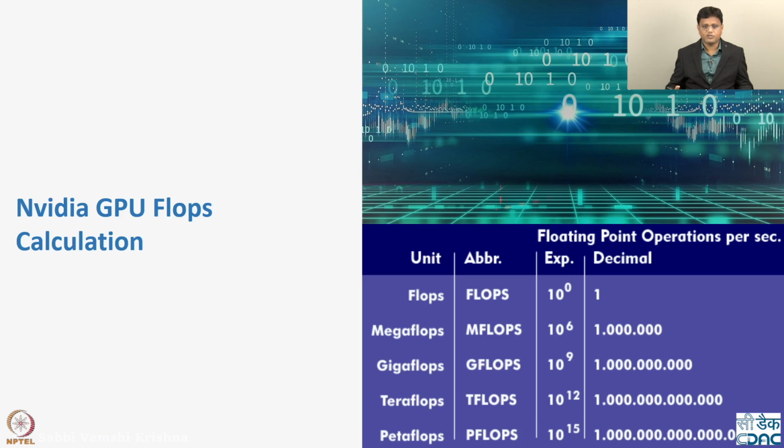The performance of GPUs is always calculated in teraflops, or in simple terms, floating point operations per second, flops. When the computation increases in scale, it starts being called megaflops, gigaflops and teraflops, and these days we are using the word petaflops.